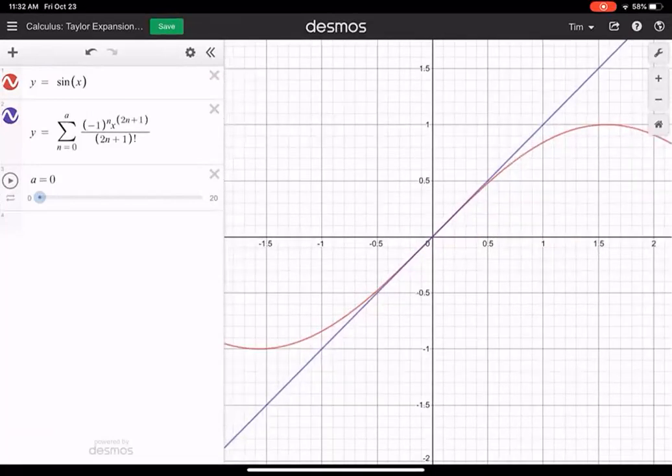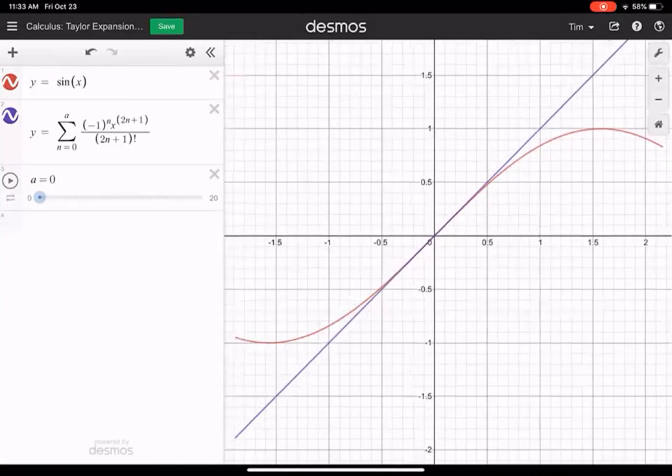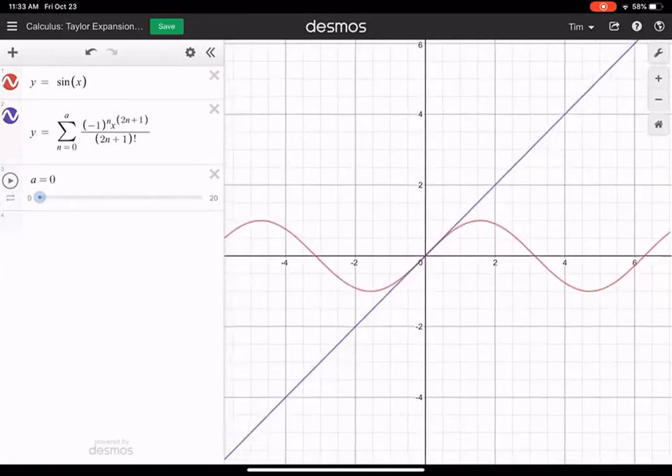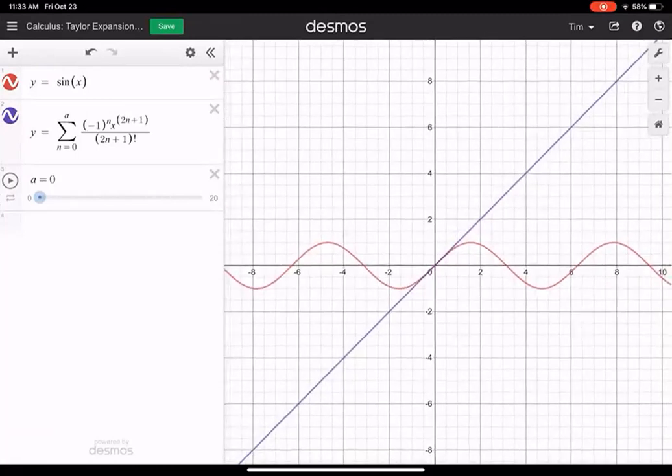So you'll often hear people say, especially in physics classes, that when x is small, sine of x is approximately x, or sine of theta is approximately theta. So this is called the small angle approximation. It's used often, but that is the first term, and it's a good approximation to start for sine of x.